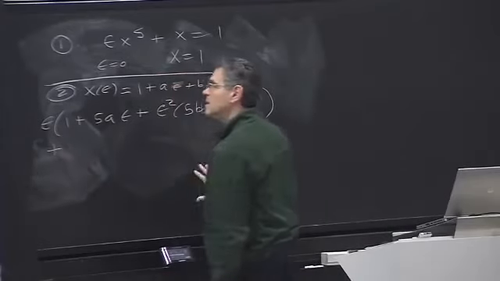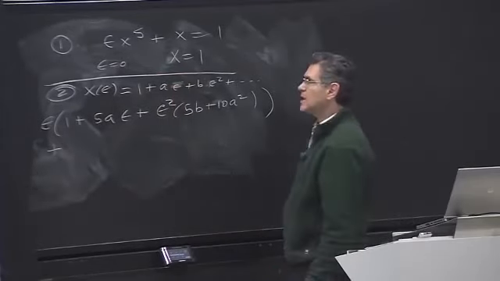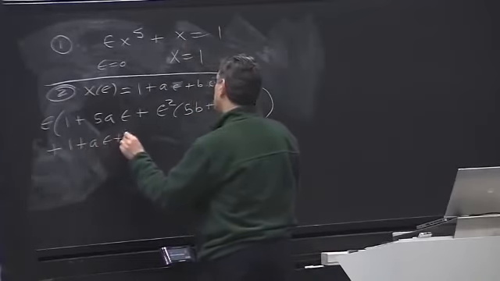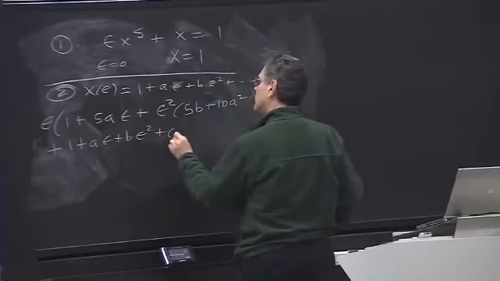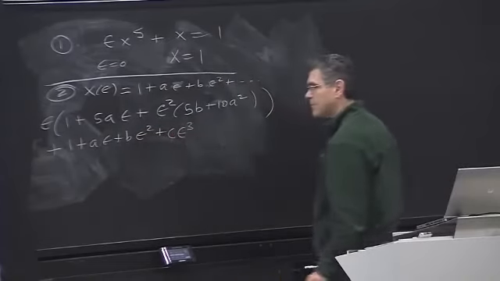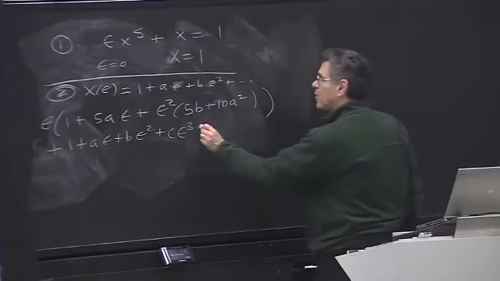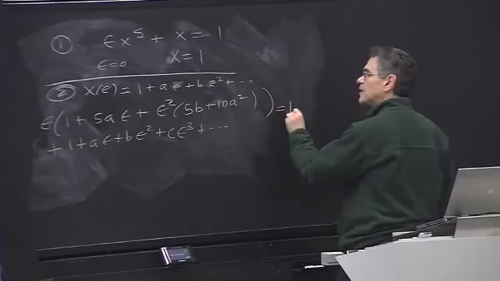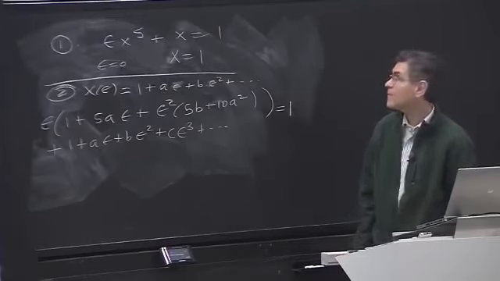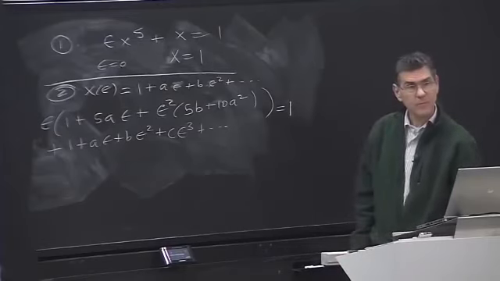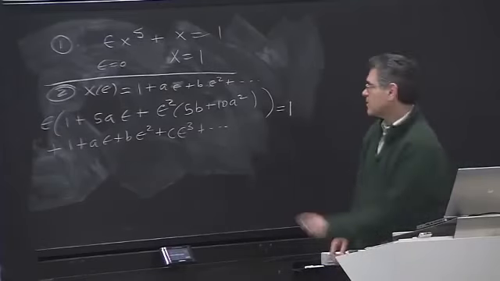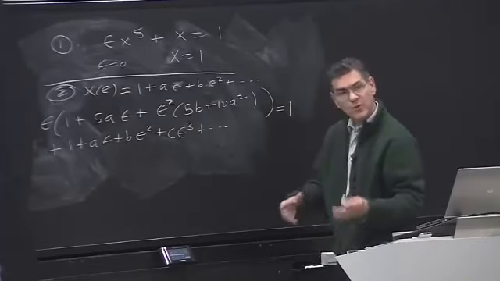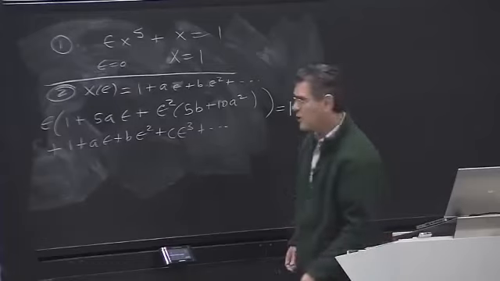Okay, and then there is a x term, which is 1 plus a epsilon plus b epsilon squared plus c epsilon cubed, and so on. And all this has to be equal to what? Now, you know what we do next. We have to look at the coefficients of like powers of epsilon.